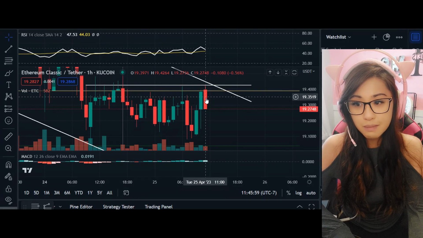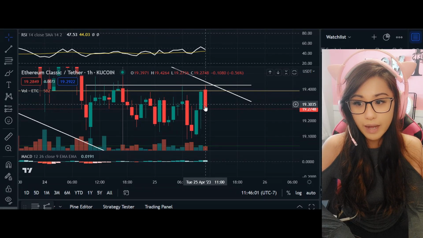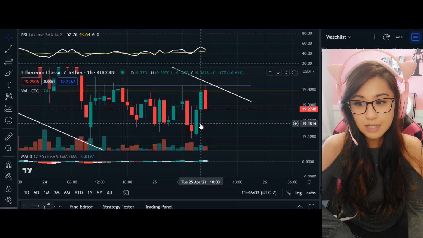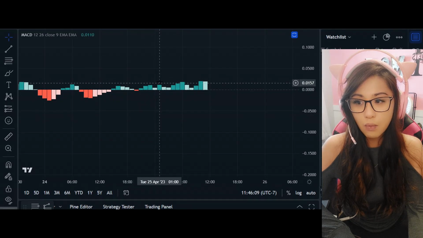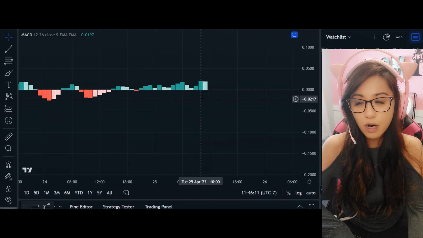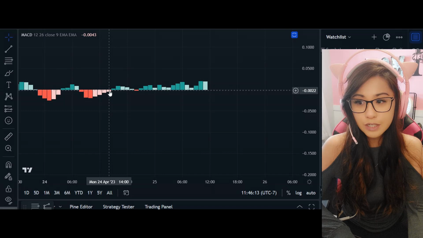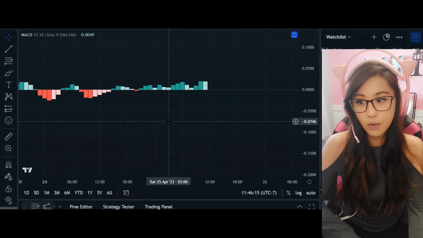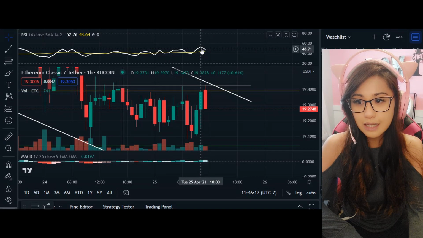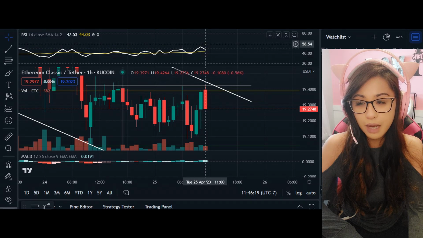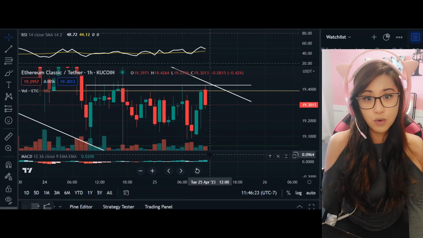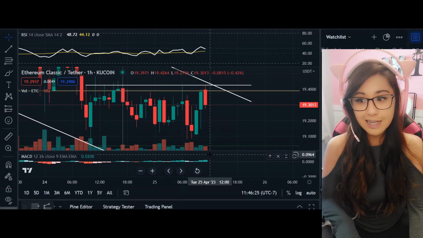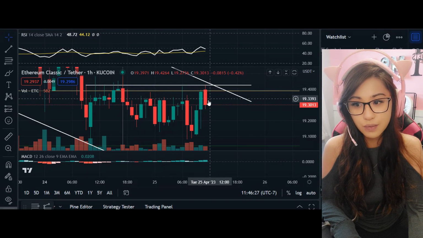Normally, if we see some buyers' interest, we'll see a long wick at the very bottom of the candle, such as this candle here, but we don't see anything signifying that. And take a look at the MACD indicator as well. We are 1, 2, 3, and then four waves into this uptrend, or so-called uptrend. But if we're not seeing the RSI breach above the 50 and continue on as the MACD indicator is showing another wave, then essentially it is going to get rejected. And that's what we're seeing right here.